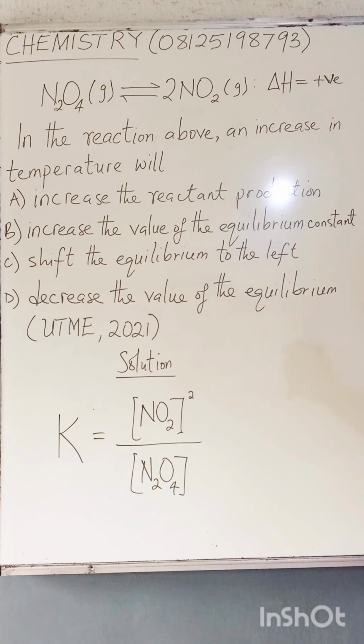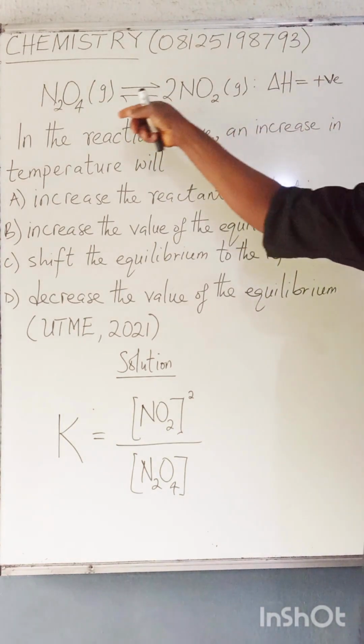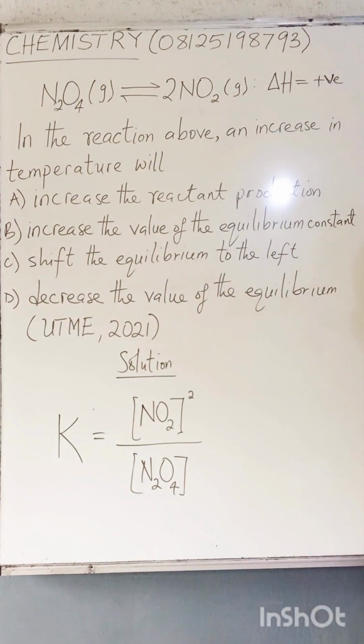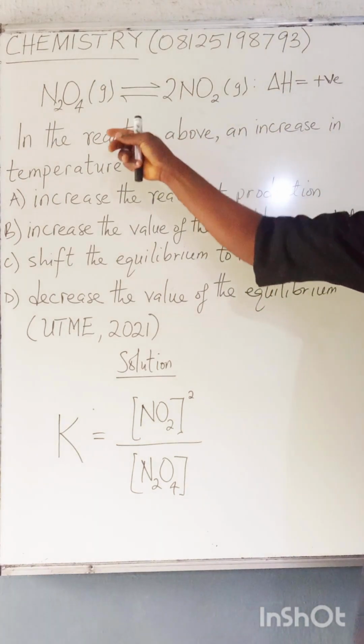But the reaction on the board is an endothermic reaction because the delta H given to us here is positive. That's for the forward reaction. That implies that the backward reaction will be exothermic. Do you understand? The backward reaction will be exothermic.